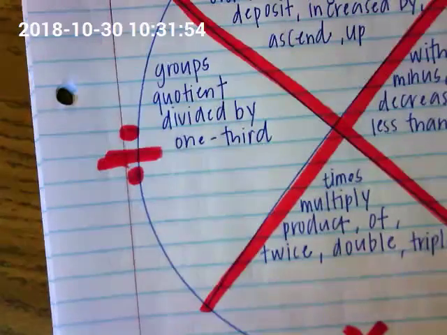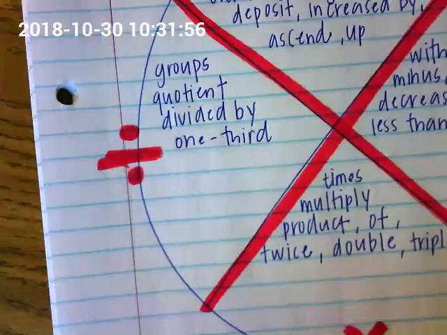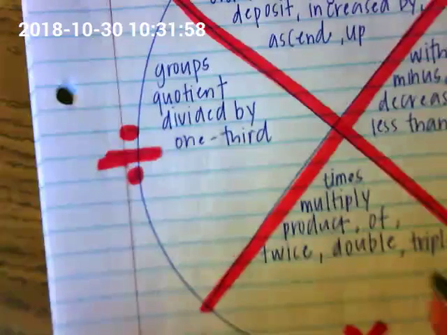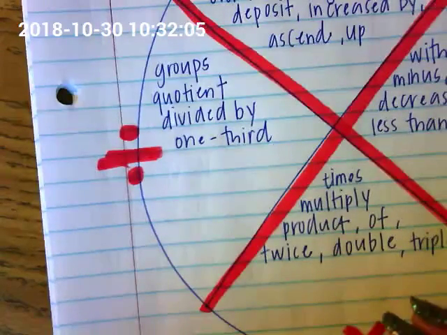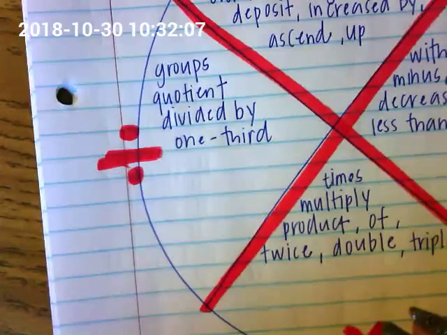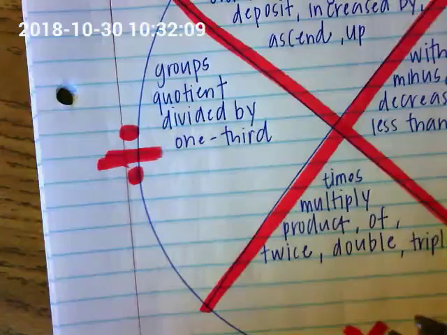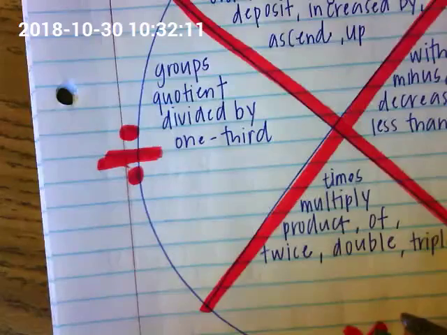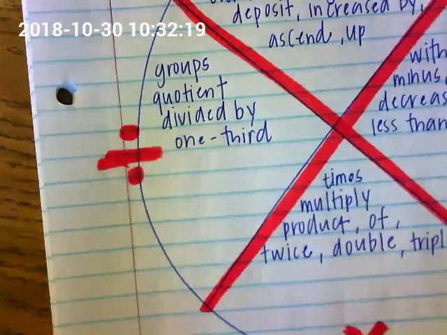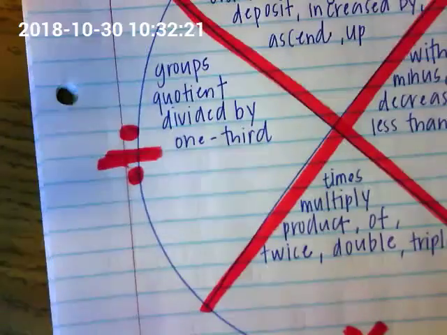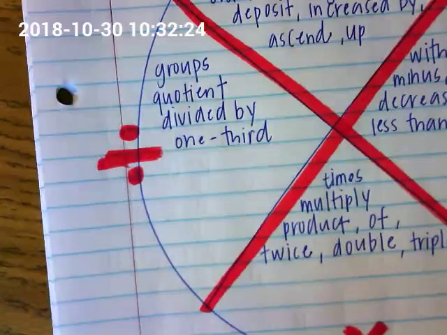Yeah, 1/3. You're going to divide by 3. Share could be one, but it depends on the content of the problem. Because you could mean share and you multiply, or share and you add, or share and you subtract because you're taking away what you have. So it depends on the context of the problem.